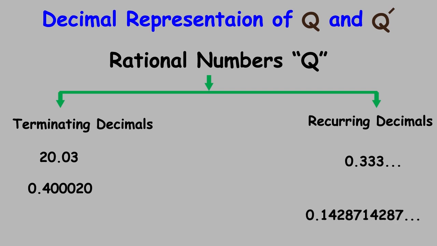If I write 1 by 7, which is equal to 0.14287, you can see this number is not terminating, but the digits 14287 are repeating themselves again and again. So it is also a rational number. Again, note that rational numbers are those numbers which are terminating or recurring.